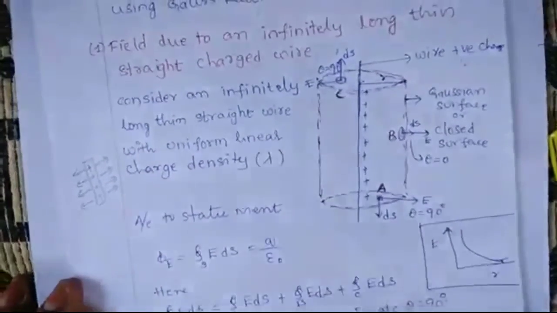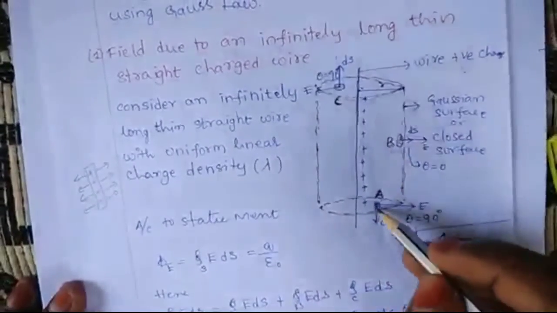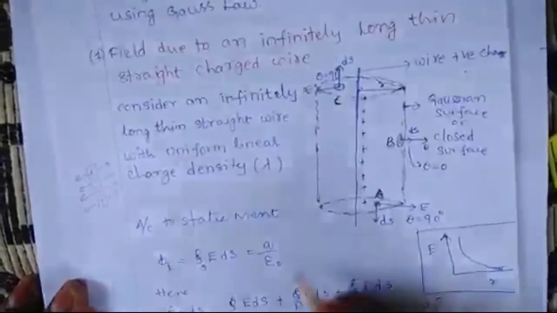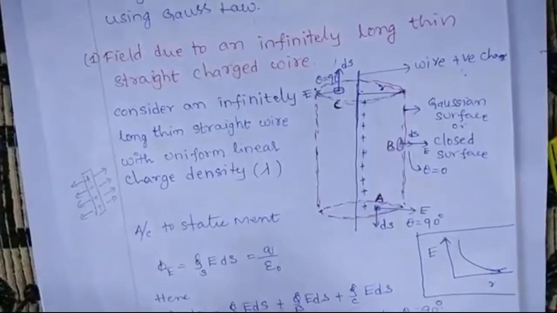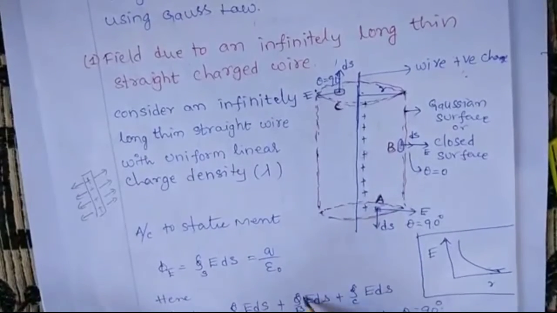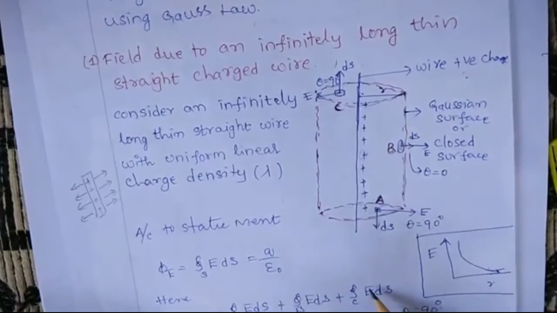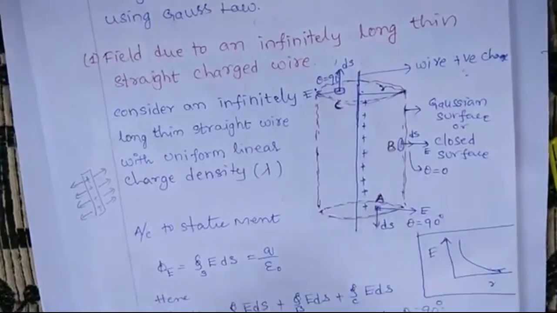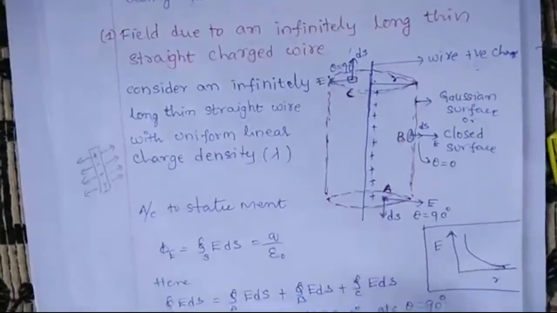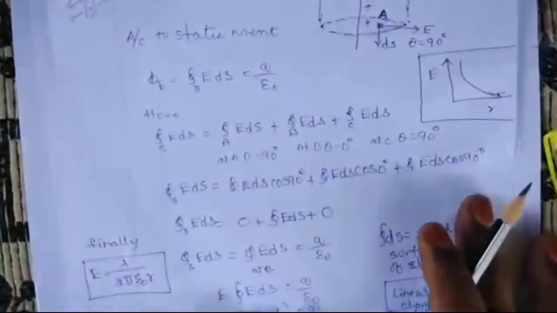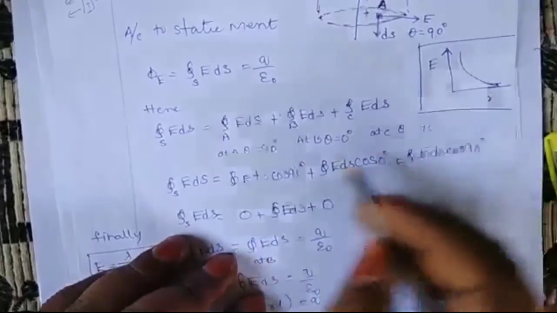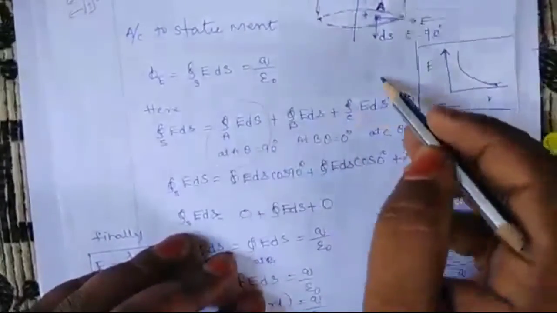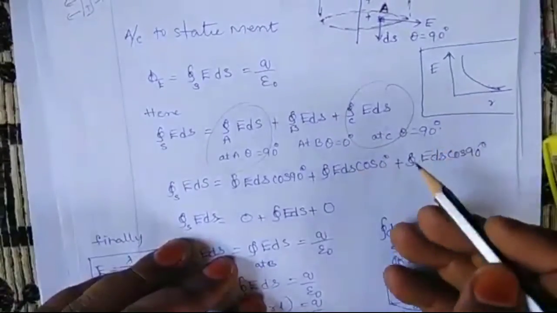Okay, so we can add the fluxes at A, B, and C and apply Gauss law. So the integral E ds is equal to the integral E ds at A plus the integral E ds at B plus the integral E ds at C. We know that at A the angle is 90 degrees, at B 0, at C 90 degrees. So the A part and the C part become 0 because of 90 degrees.